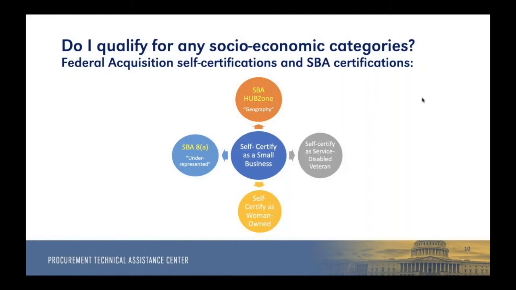And then the final bubble here on the left is the SBA's 8(a) program, which essentially is for businesses that are underrepresented, which encompasses a lot of different areas. So if you feel that your business has been underrepresented in the past, and you can back that up with documentation, then you could be eligible for this SBA 8(a) program, which is kind of like a business development program.